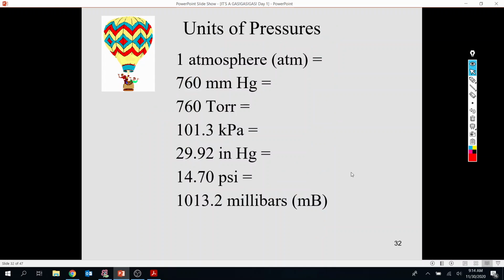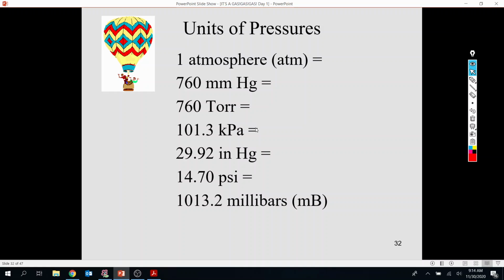All right, there are so many units for atmospheric pressure. You can have atmospheres, which is the pressure of one of our atmosphere at sea level. It turns out that is enough to support 760 millimeters of mercury. Remember that Hg is mercury, which is also 760 torr.